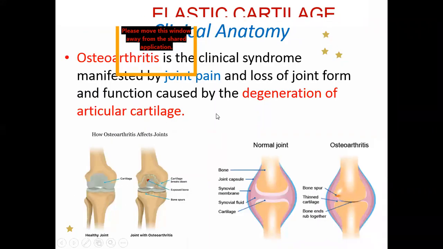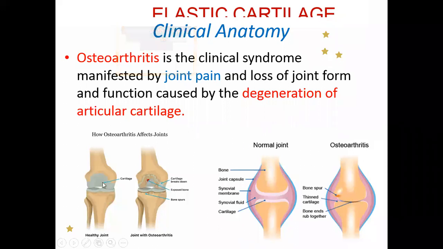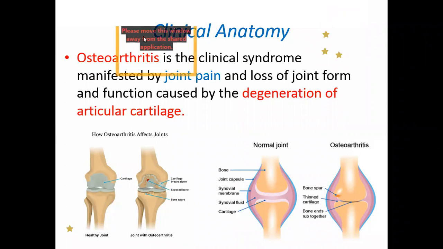Osteoarthritis is a clinical anatomy topic related to this. It's a clinical syndrome manifested by joint pain and loss of joint form and function, caused by degeneration of the articular cartilage. You remember that the articular cartilage is made up of hyaline cartilage, which we just said.